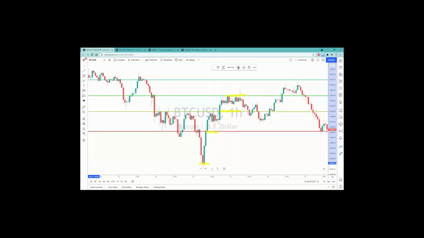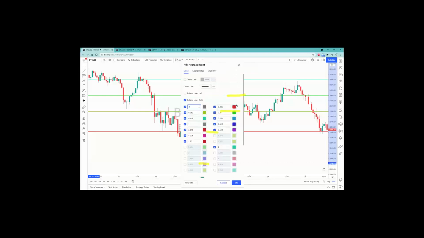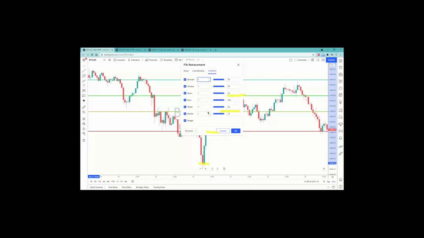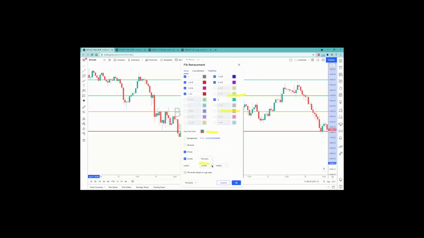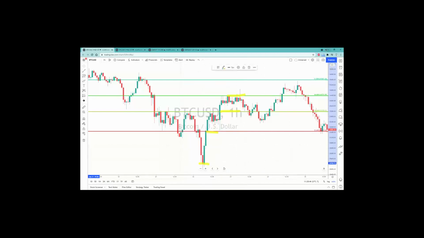Nope. Okay, so let's move them to the right. Okay, so all I did was move the numeric values to the right side of the chart so that you can see me. So here is our 61.8 retracement level.